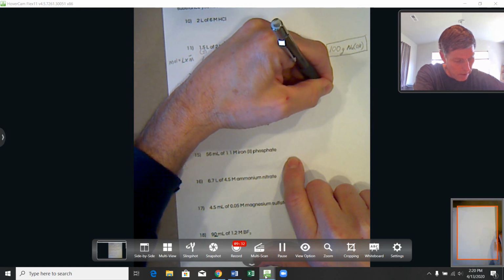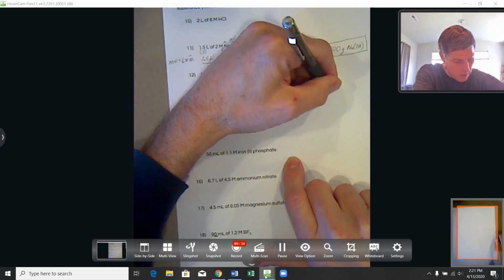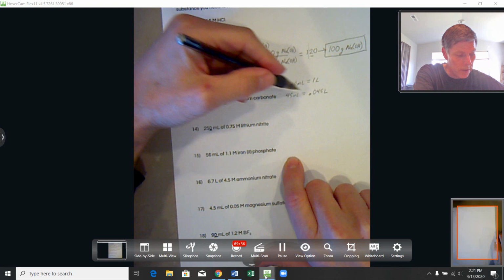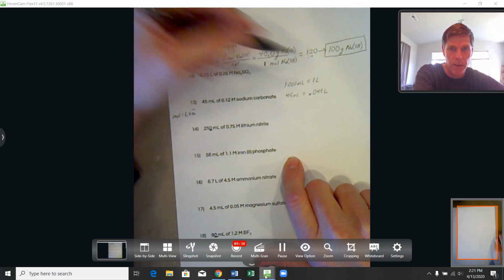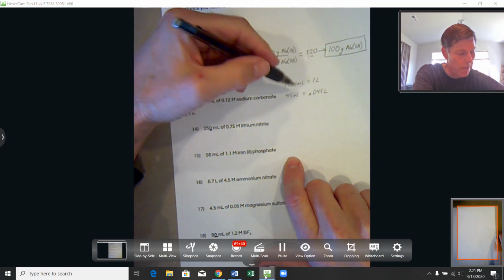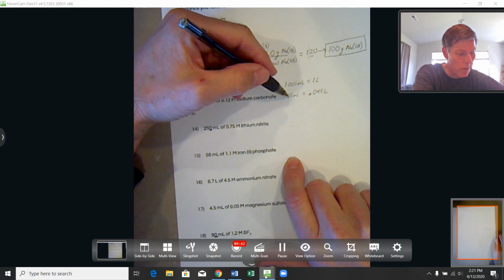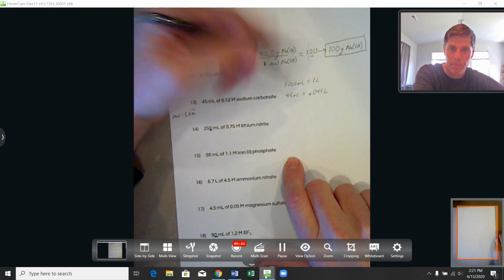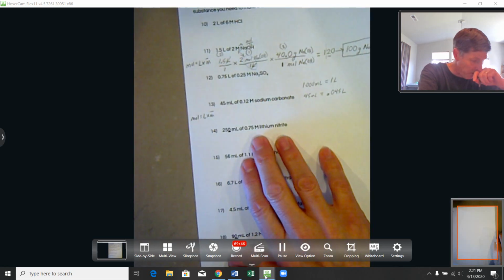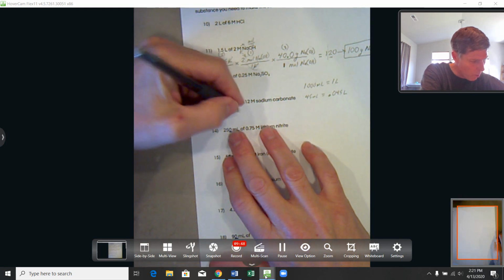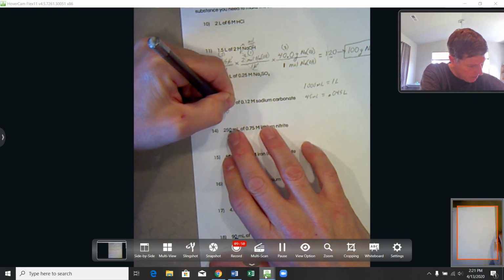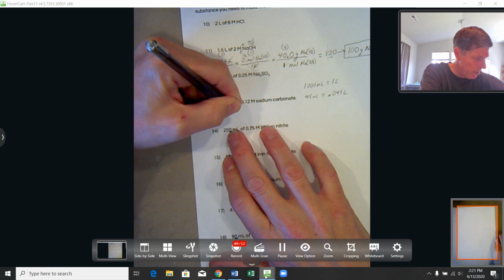There's my 4 and the 5. So 45 milliliters is equal to 0.045 liters. So every time you see milliliters, just move it over 3 spots. Okay, pretty straightforward. And I don't need to see the work on anything like that. If you want to show it, that's fine.